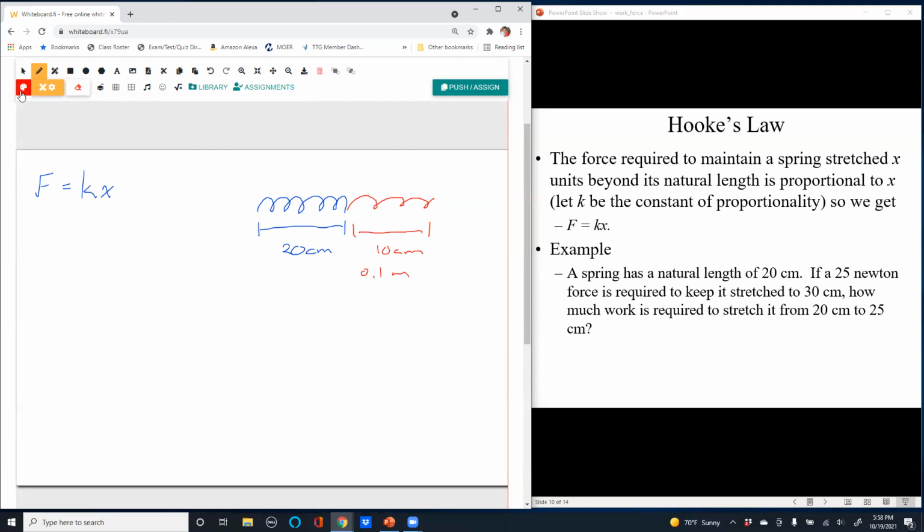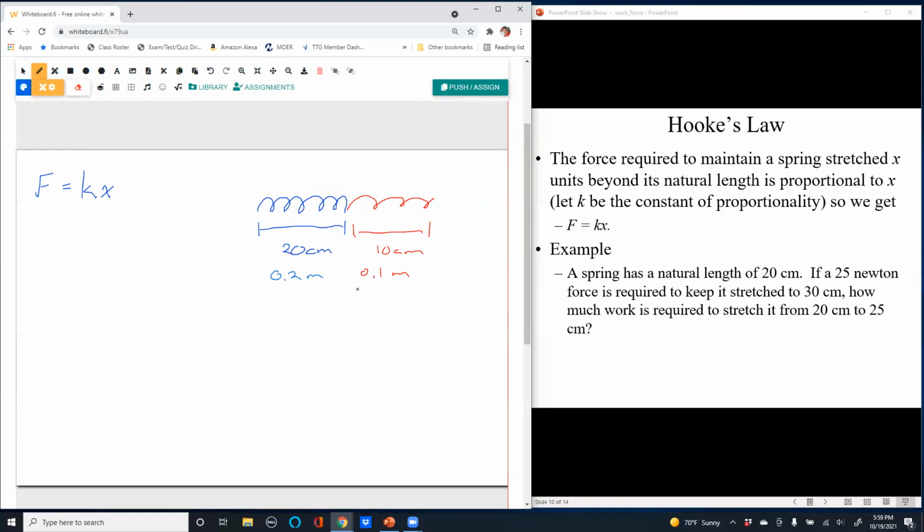This would be the 0.2 centimeters, excuse me, 0.2 meters. So that's what I was talking about earlier. We need to make sure we're consistent with our units. So if we were like on the other problem, where we were given something in inches, we want to think about it in terms of feet. In this case, if we're given something in centimeters, we want to use all these numbers in meters.